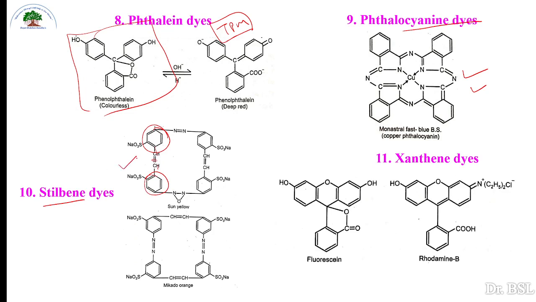These are stilbene groups, and stilbene group containing compounds are known as stilbene dyes, which are colored. Xanthene dyes. Xanthene dyes are, this is the xanthene moiety. So three rings are there. Central ring with one oxygen. These are known as xanthene dyes.